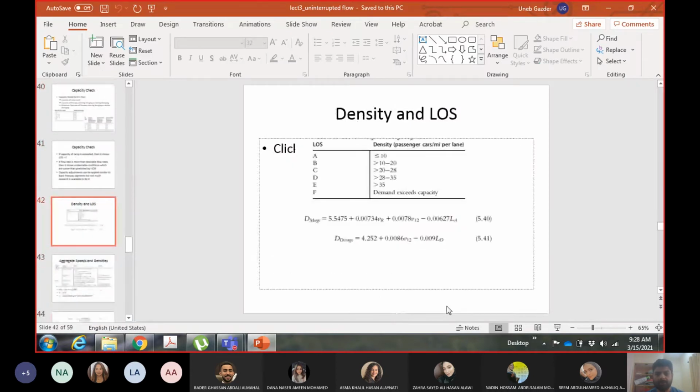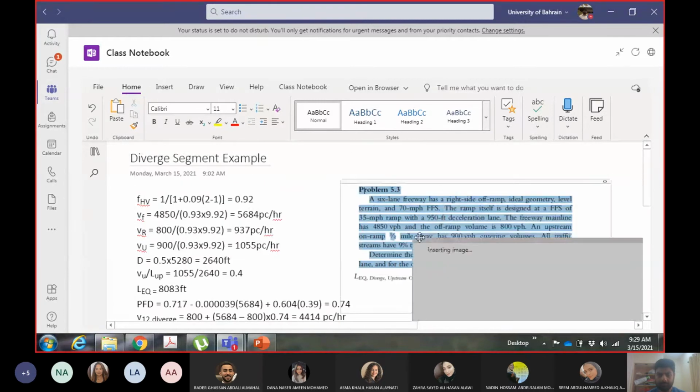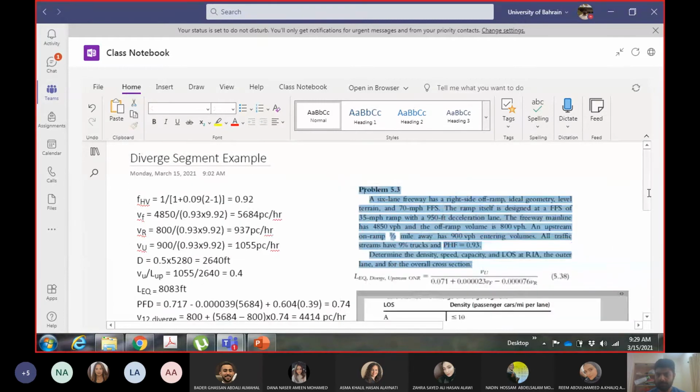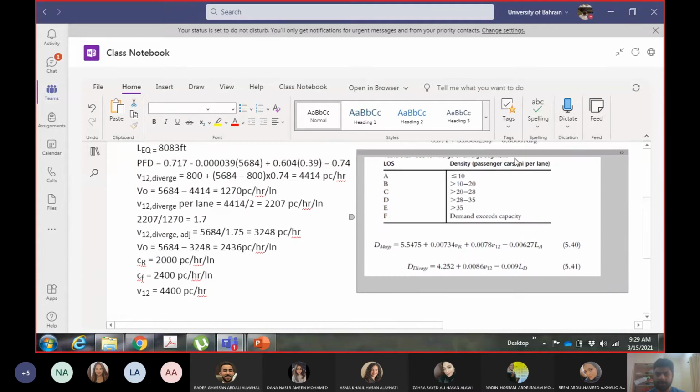So we have this equation in the table. Let me put it here. First thing we need to calculate is the density.